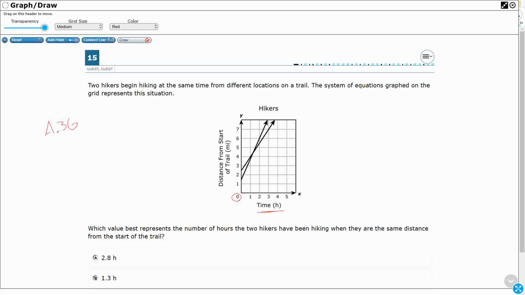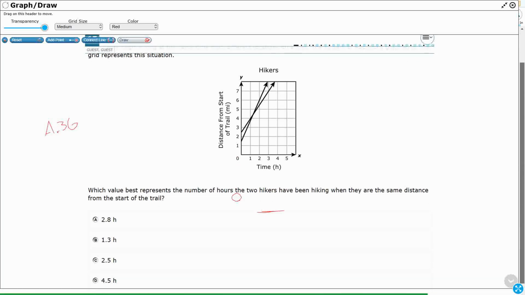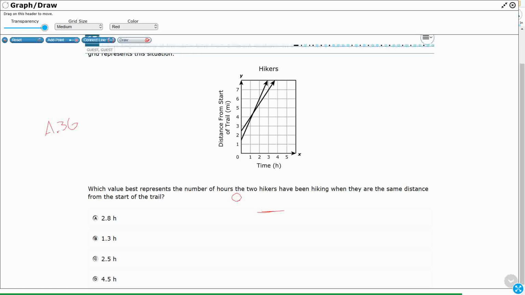Okay, we've graphed their equations here. We're not given the equations, we're simply given the graphs. And we need to find when they are the same distance. Okay, so the distance, right, is on the y-axis, and so my time is on my x-axis.